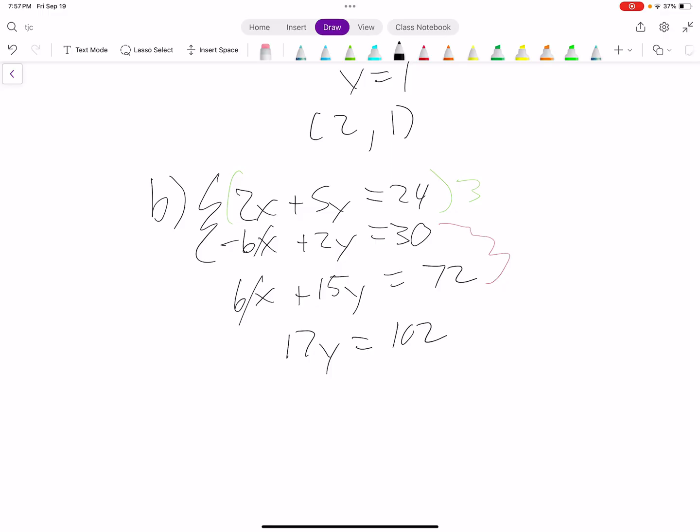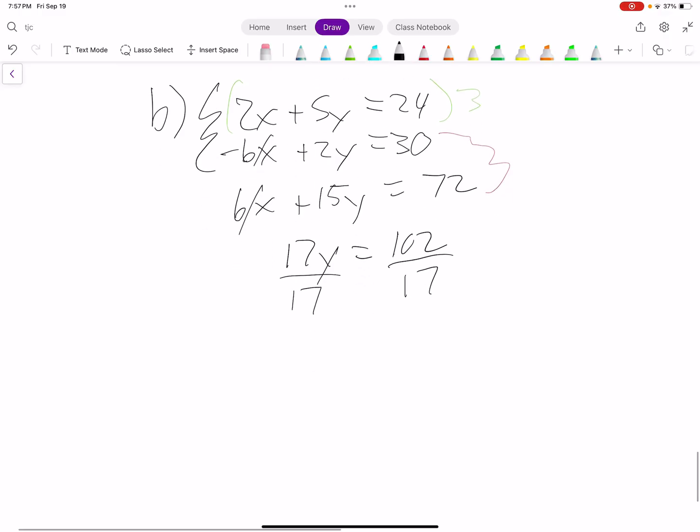Okay. Then we're going to solve for y. So divide both sides by 17. So 17 goes in 102 actually 6 times. 6 times 17 is 102, so this gives you y equals 6. Now that we have solved y, you plug it back into one of the equations to solve for x. So I'm going to plug it into the top equation.